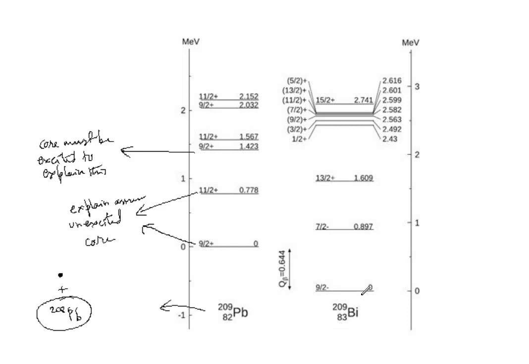So here I have shown you the 209 bismuth on this right hand side. You see the ground state and the first through the third excited states.